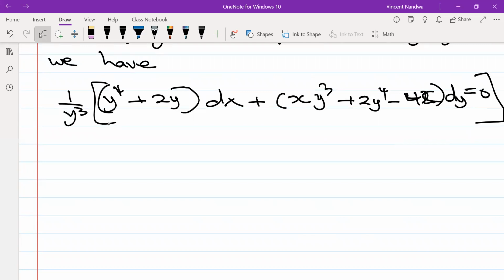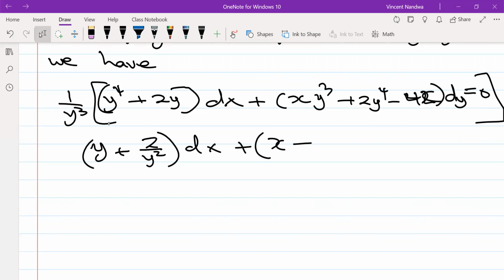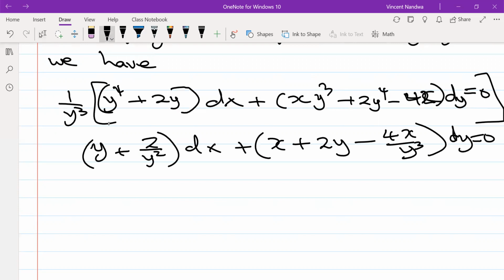So this by this gives us y, and this by this gives us 2 over y squared, so dx plus x plus 2y minus 4x over y cubed dy equals 0. Our new M is y plus 2 over y squared.